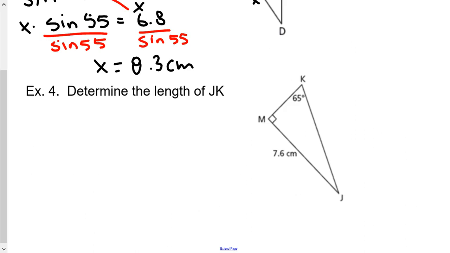Number 4, hopefully you've given this one a try. Determine the length of JK. Labeling our sides given this reference angle of 65 degrees, we have our opposite, our hypotenuse, and our adjacent. I want to find the hypotenuse. This time I know the opposite, so we're going to use sine again here.